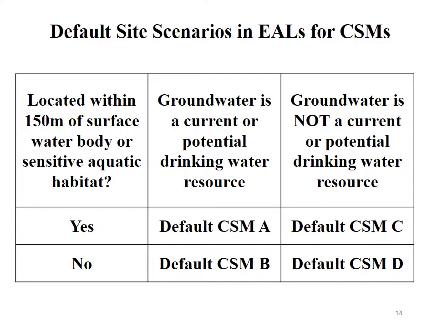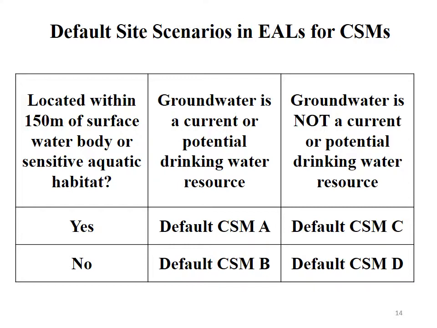In the state of Hawaii, we have several default scenarios that are used in setting our environmental action levels used to evaluate sites once we have representative data for the site. And these are a critical part of the conceptual site models. And these two factors include: is the site located within 150 meters of a surface water body or sensitive aquatic habitat or not?